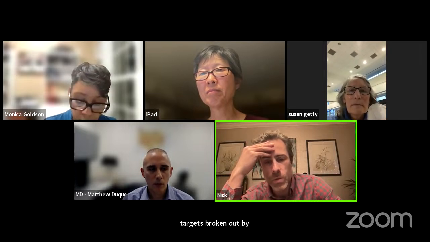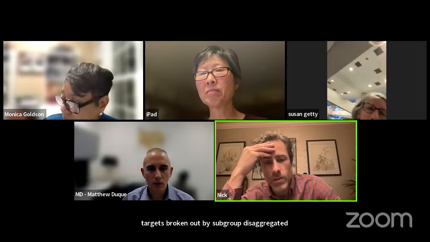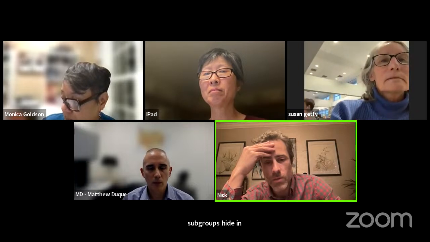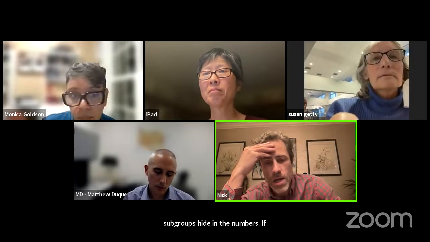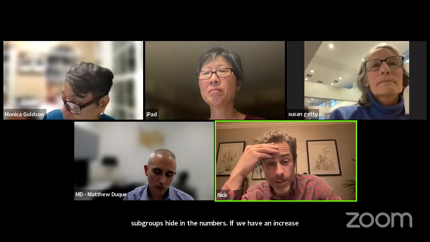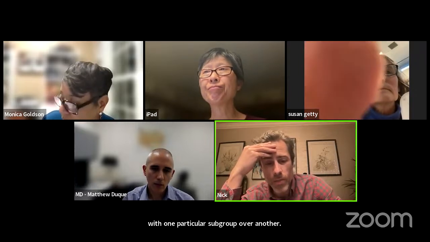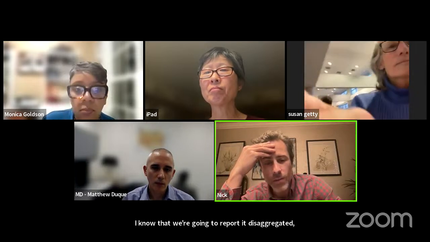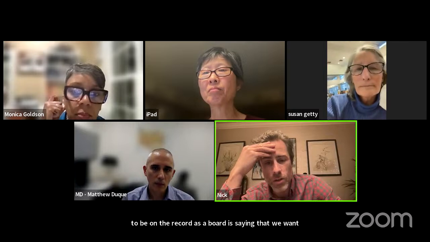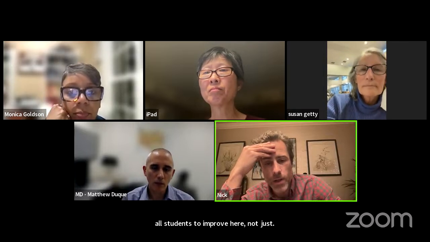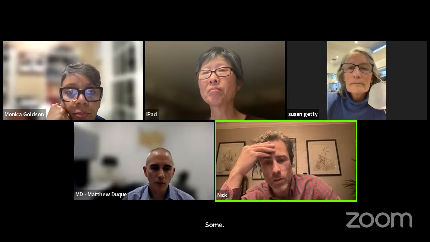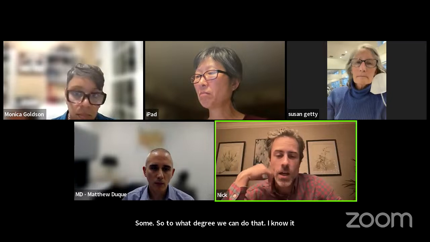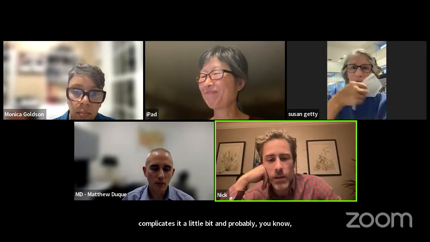Part of the reason is because we can let certain subgroups hide in the numbers if we have an increase with one particular subgroup over another. I know that we're going to report it disaggregated, which is one thing, but I'd like to be on the record as a board as saying that we want all students to improve here, not just some. So to what degree we can do that, I know it complicates it a little bit and probably increases the number of slides, but that would be a thing I'd like to see us do.